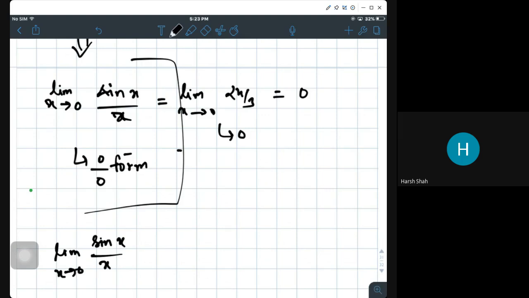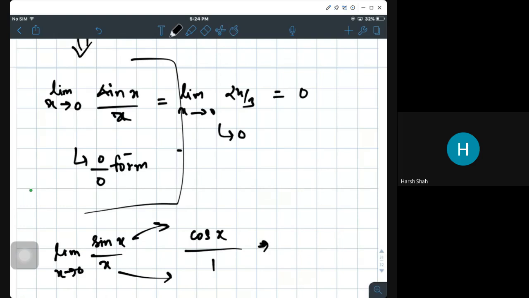Now do you know about L'Hospital's rule? No, sir. I'm confused in that. But you know L'Hospital's rule is used for solving limits. What we do there is, we differentiate the numerator, and we differentiate the denominator, right? So what is the differentiation of sine? Cos x. What is the differentiation of x? 1.